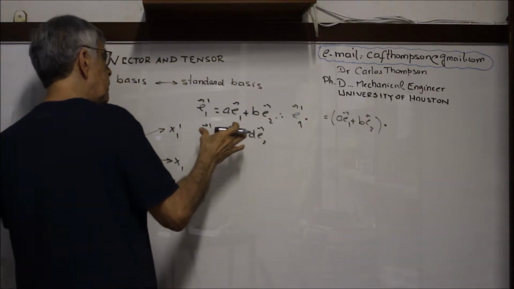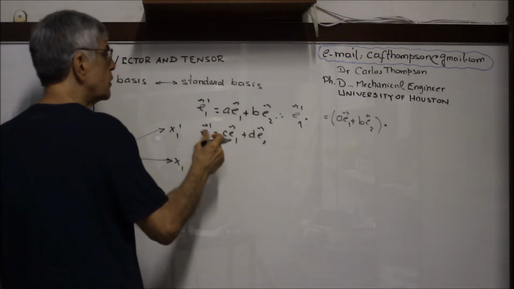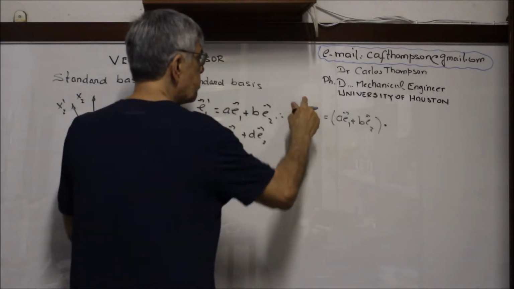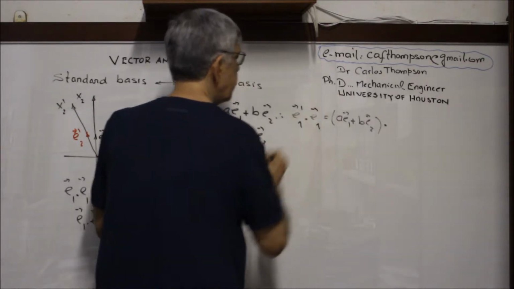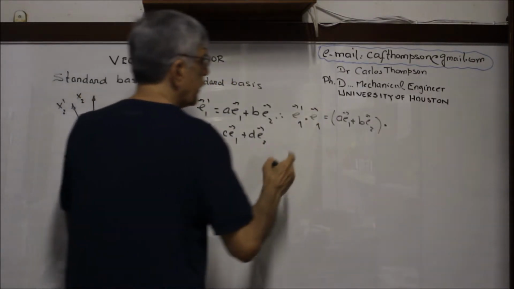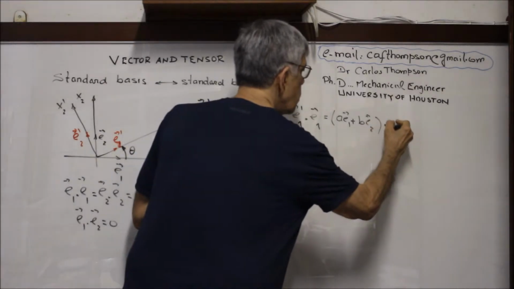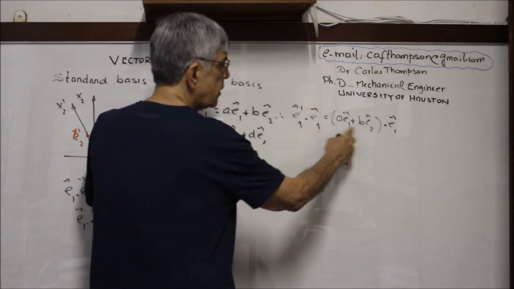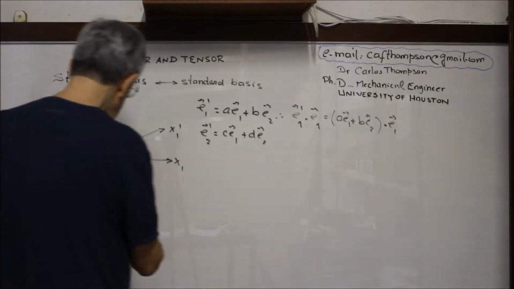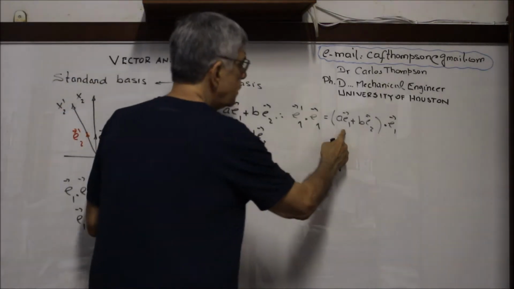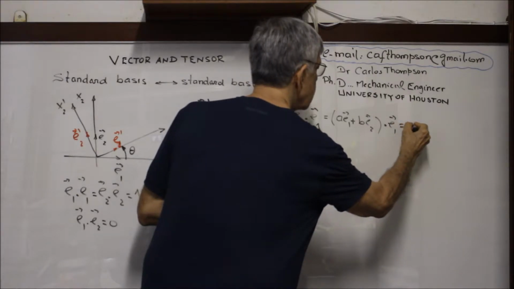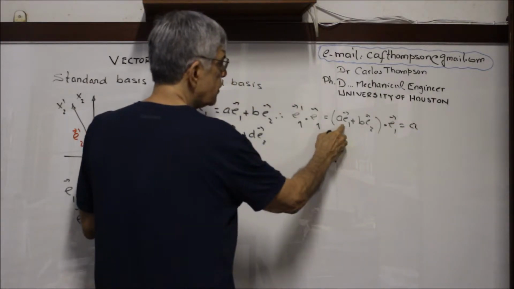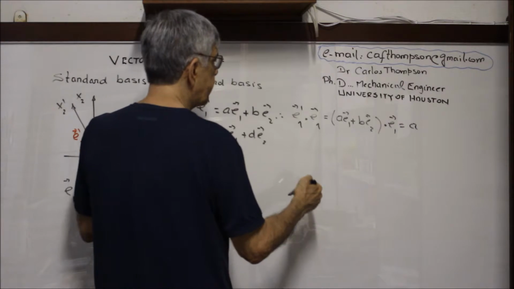Let's make the dot product with E1. Now E1 dot E1 is 1, E1 dot E2 will be 0, so this will be equal to A, okay? Because E1 dot E1 is 1.